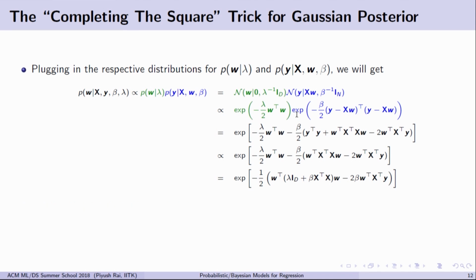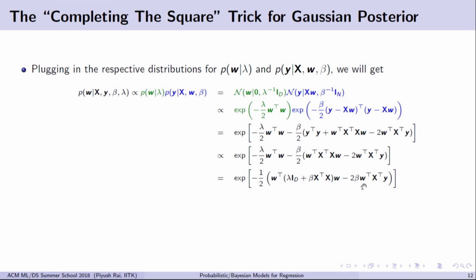Now, as it turns out, you won't readily get that squared form. Once you multiply and simplify further, you get an expression that looks something like minus half times W transpose this term times W minus some constant times W transpose another thing.